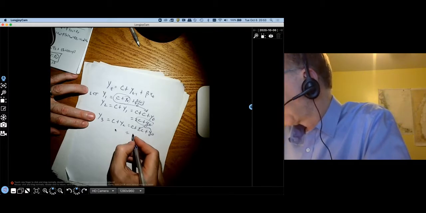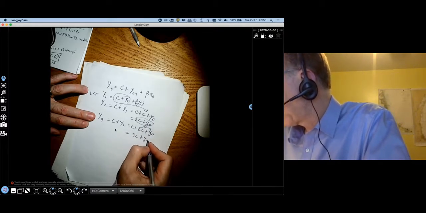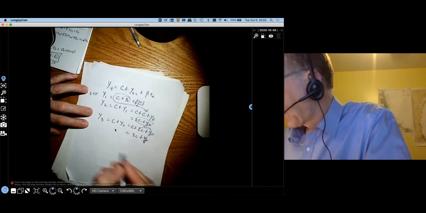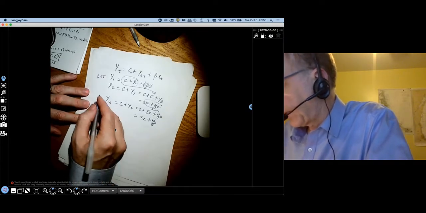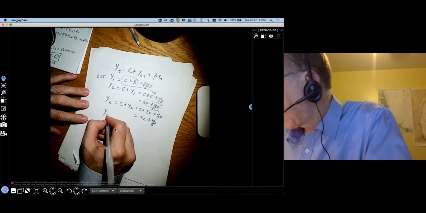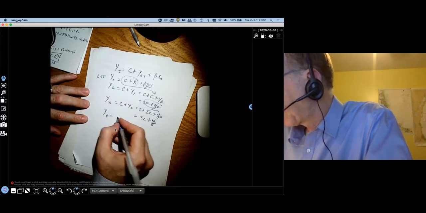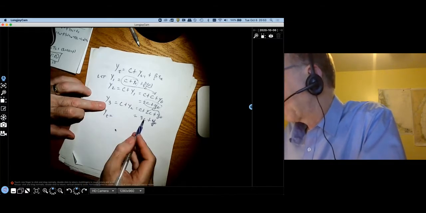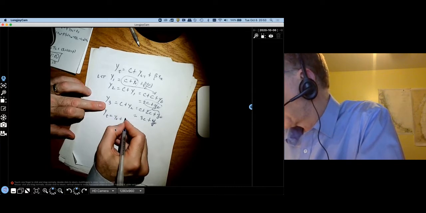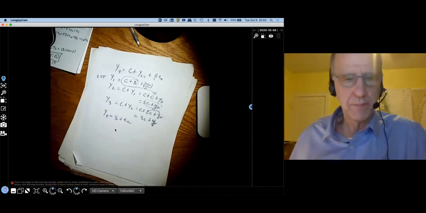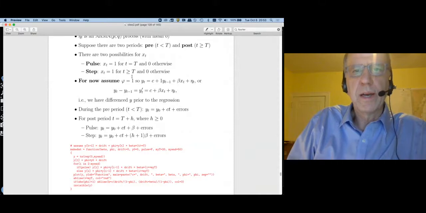So this is 3c plus y naught. And so what I'd like to point out is that for general t, yt is going to be, then we see the pattern, y naught plus t times c, and that's exactly what I had.